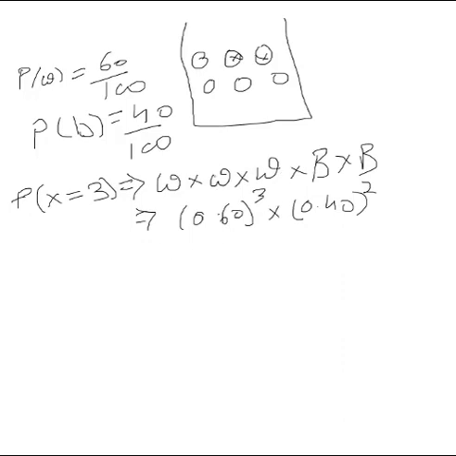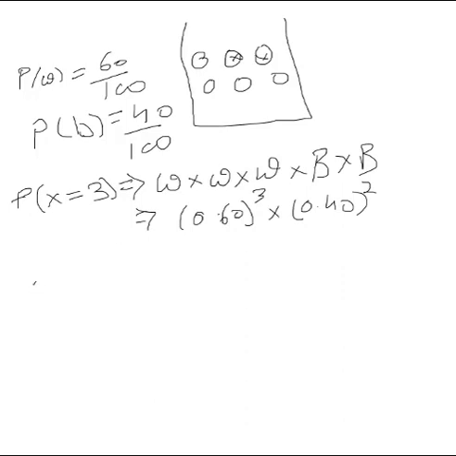So there could be many combinations of getting three white balls out of the draws. And please remember, after each trial we put the picked ball back in the sack, so that the probability always remains constant. In this case, the probability of getting a white ball will always be 60 by 100.